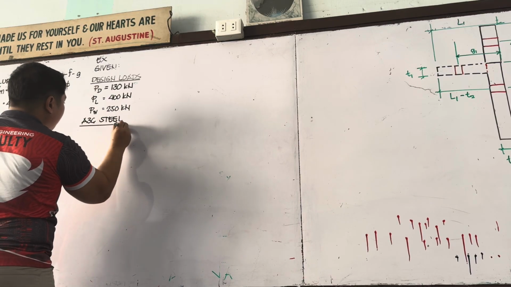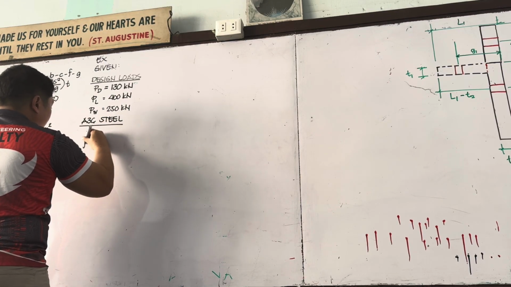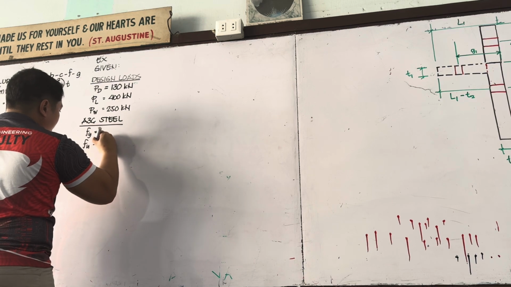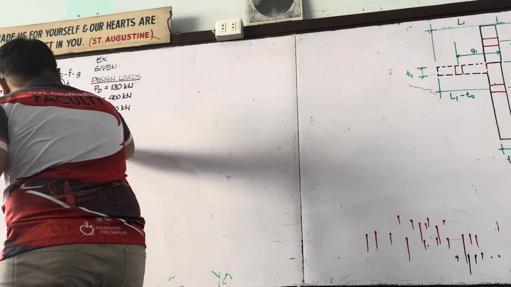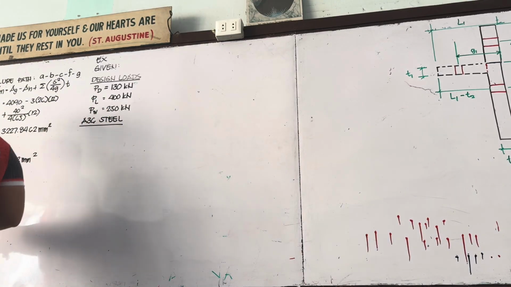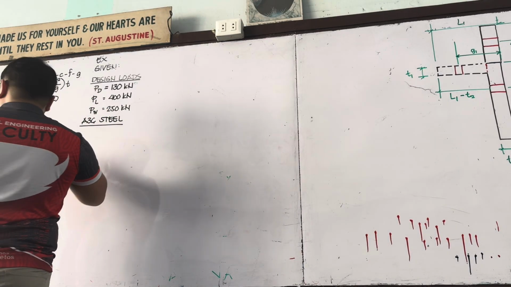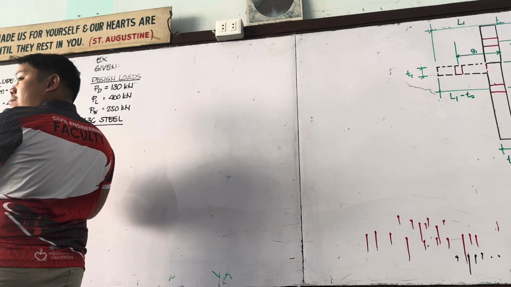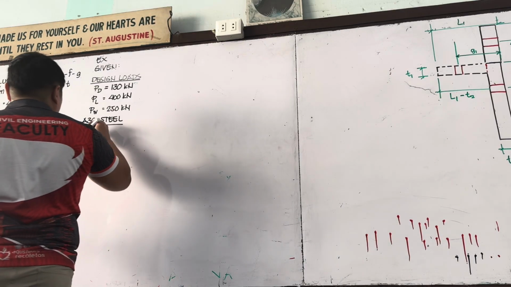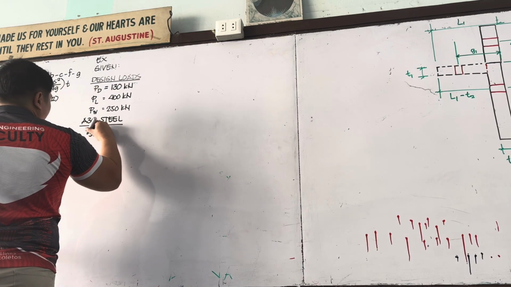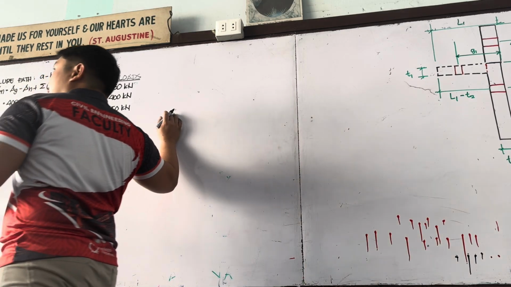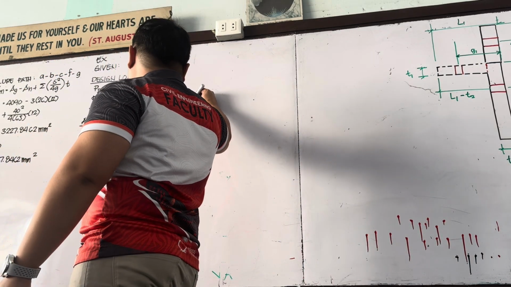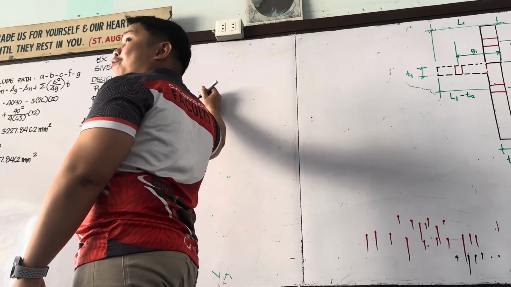For A36 steel, we will have the yield stress and ultimate stress, Fy and Fu. We use capital F, unlike in reinforced concrete, where the yield strength uses small f.